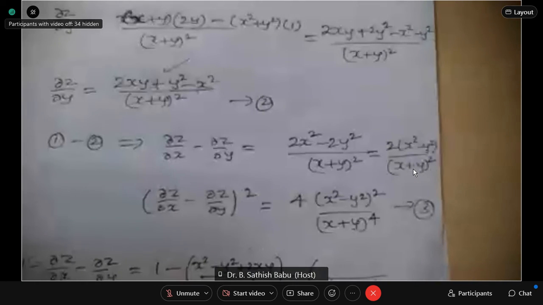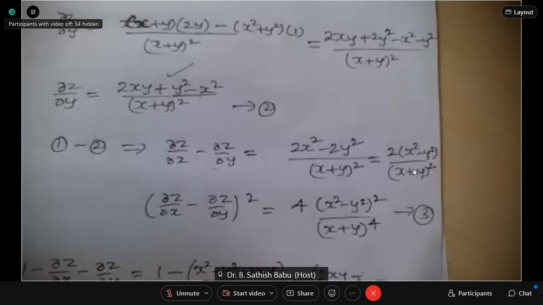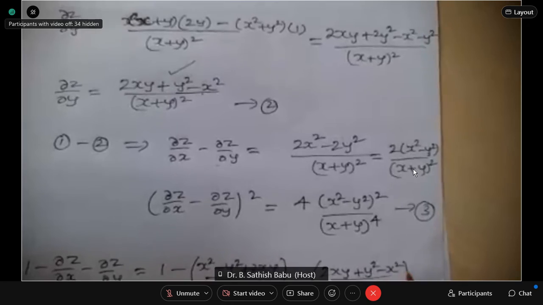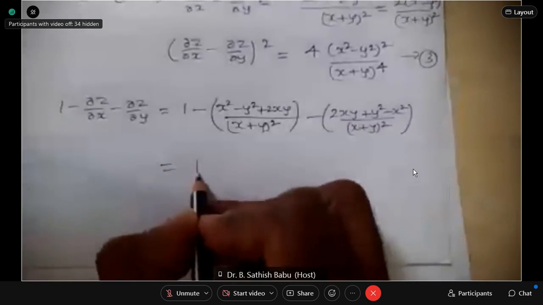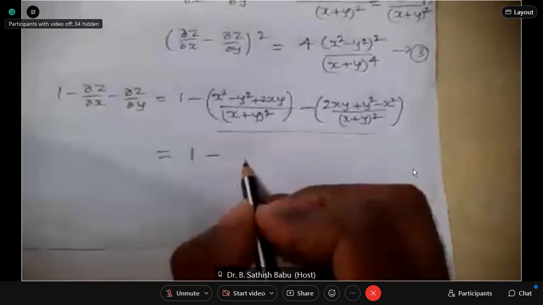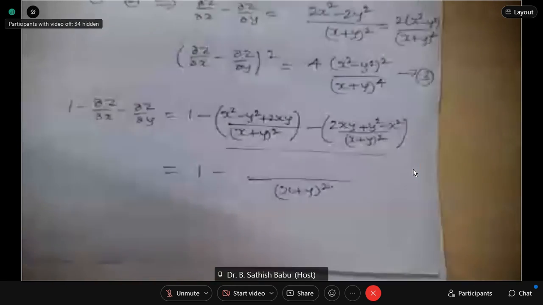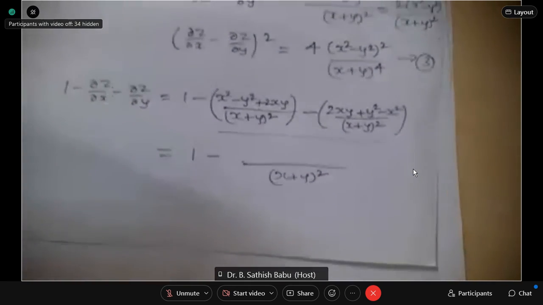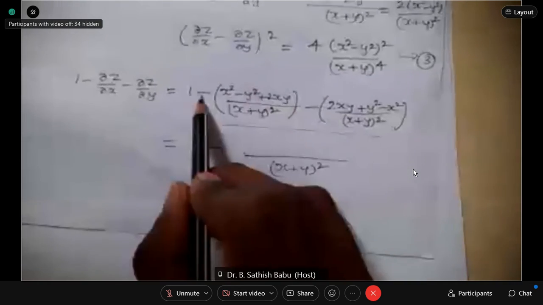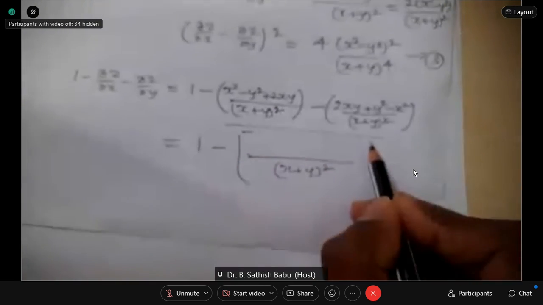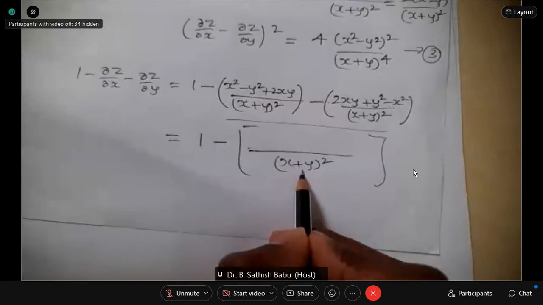Dou z by dou y is 2xy plus y square minus x square. Here in the denominator, if you remove x plus y the whole square as common, what else do we get? You take out the negative sign common along with x plus y the whole square.